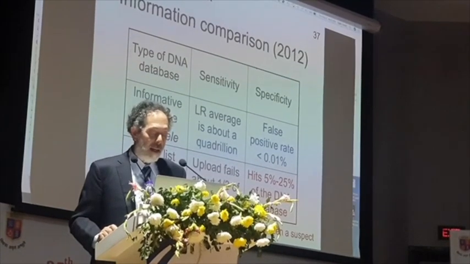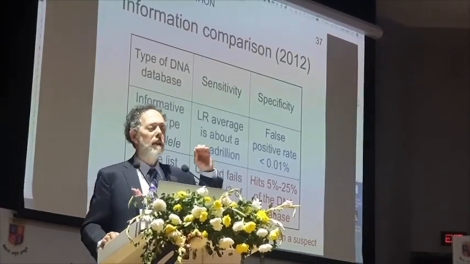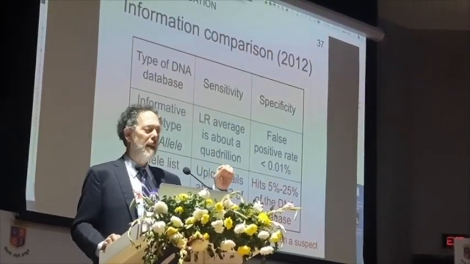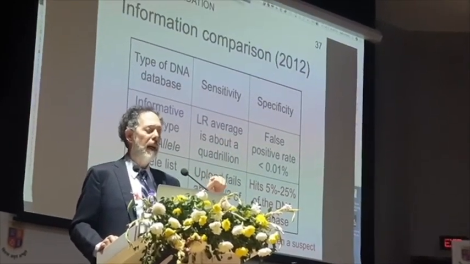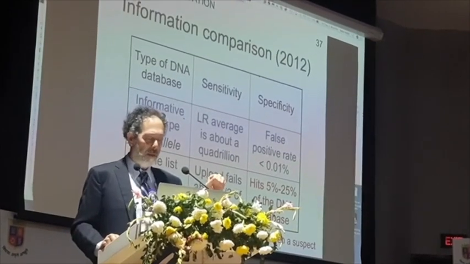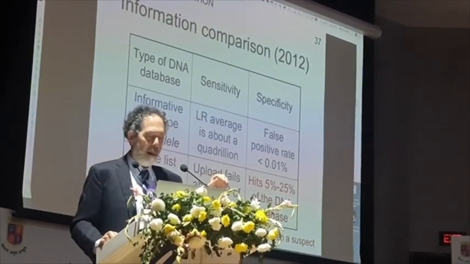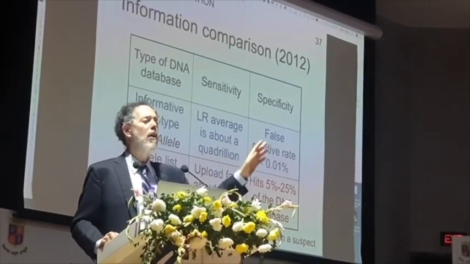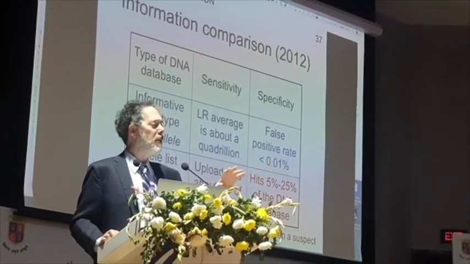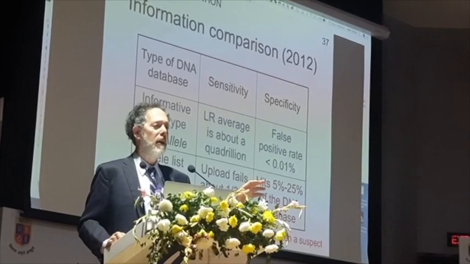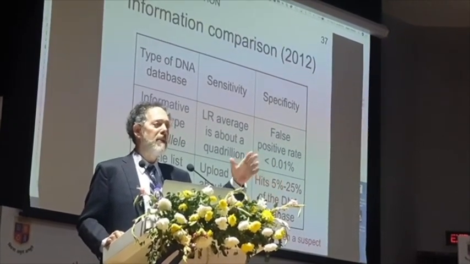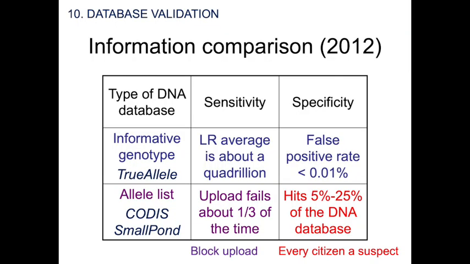The bottom line is that CODIS and these allele list databases must block mixtures from going up to the database. Even the simplest 2- and 3-person mixtures in the study, they had to block 1/3 of them. 1/3 of the evidence could not be used because if it was up there, it would falsely match. You would find innocent people using a database routinely.